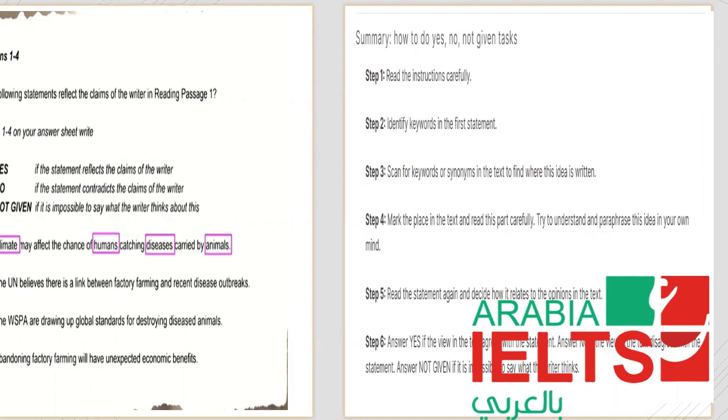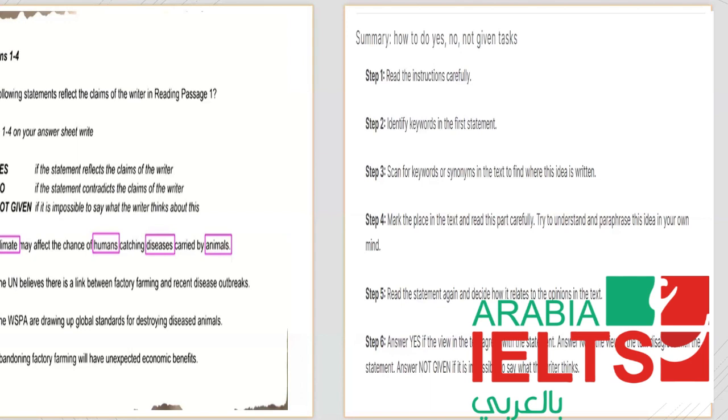These types of questions can be tricky because they require the skill of correlating information in the question statement. So you must decide whether the writer's opinion in the text agrees or disagrees with the statement. We're talking about the mindset, okay? Or if that information was not given at all.